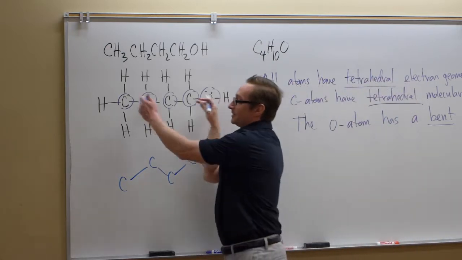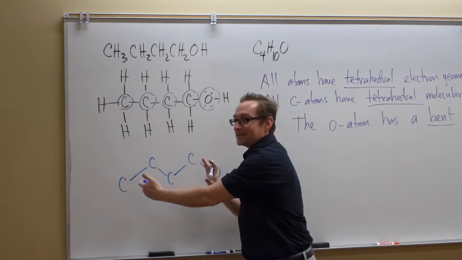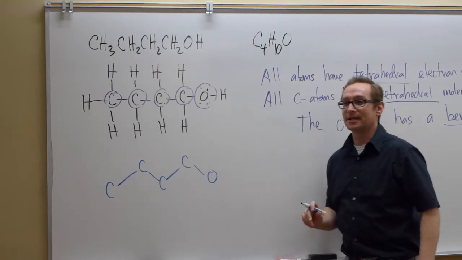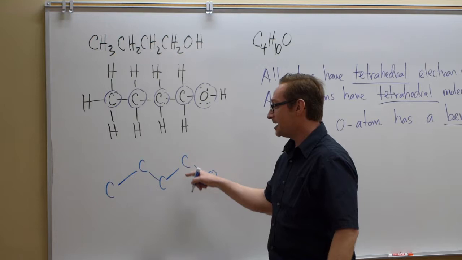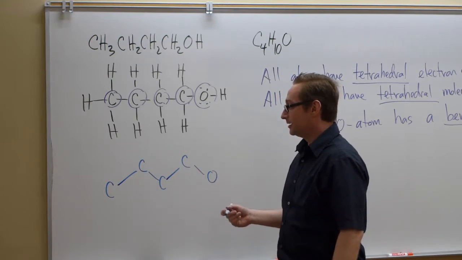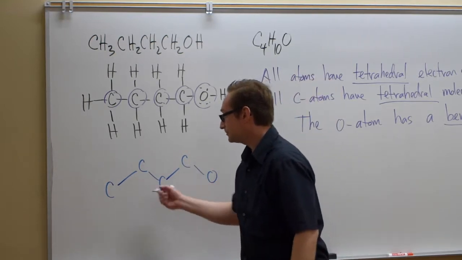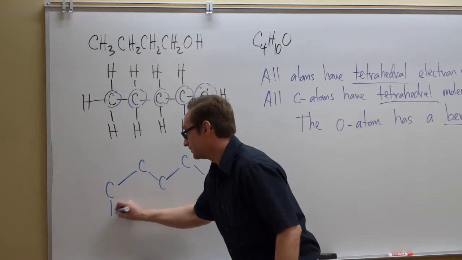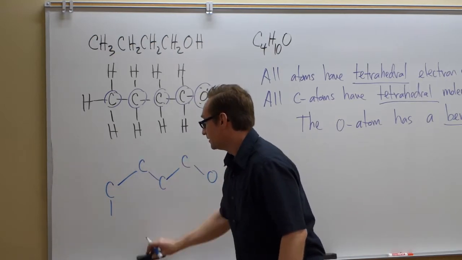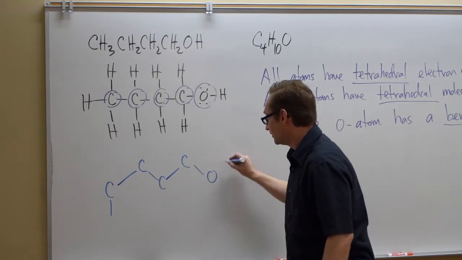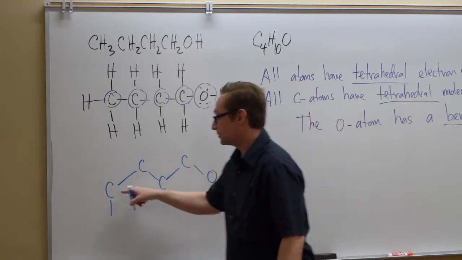So I just took this line and I crimped it. You see what I did? Now that we have our crimp, I'm going to add some bonds here. We'll start with this carbon here.